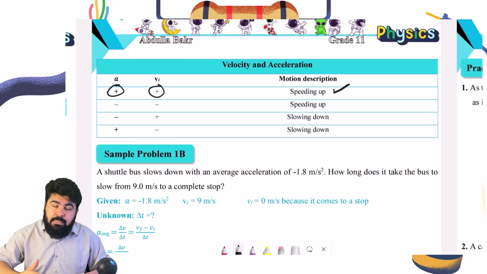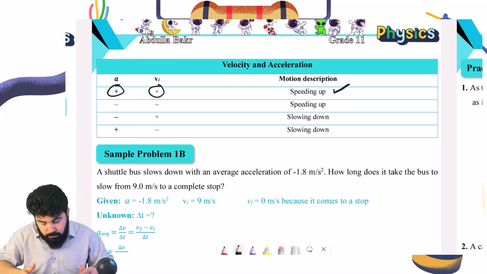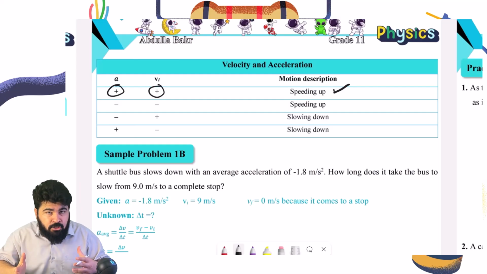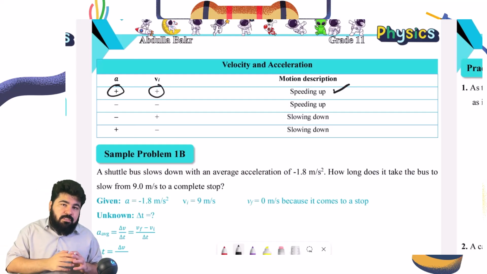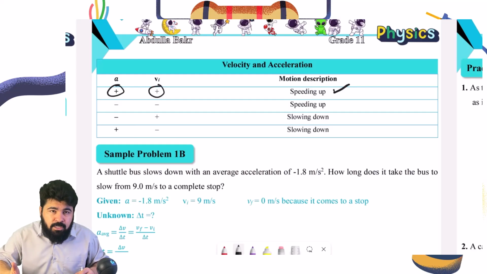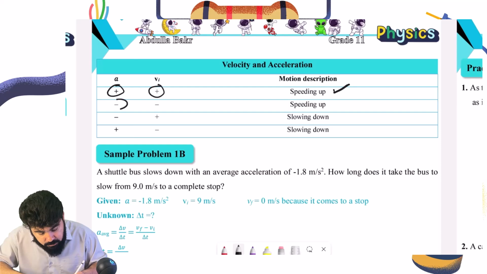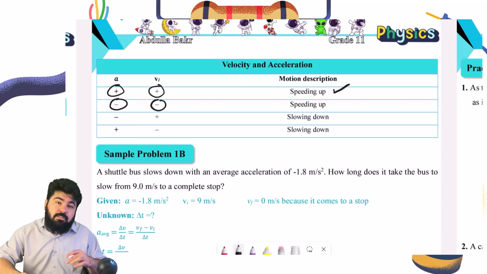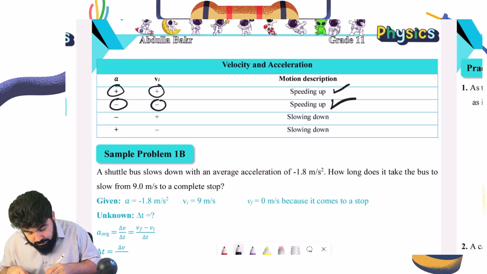Negative does not always mean the object is slowing down. Just because it's negative doesn't mean something is decreasing. It's basically just the direction. Maybe the object is going to the left, or to the south. That is why we give it a negative. So if acceleration is negative and velocity is negative, it means speeding up.